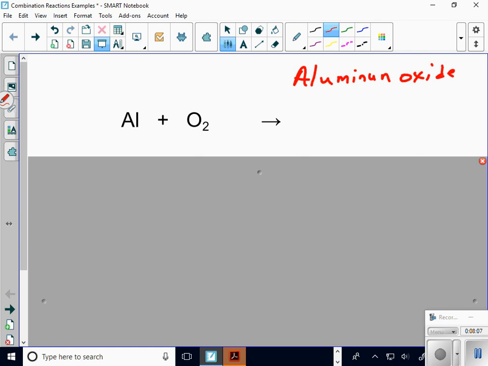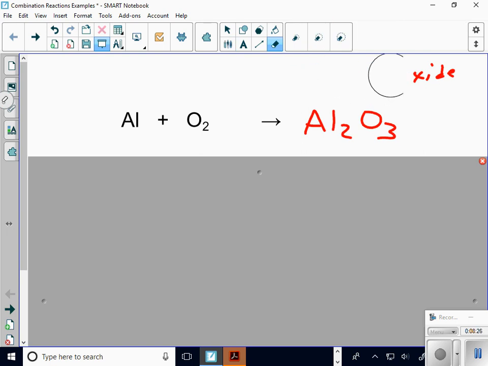You go back and you look at what? Charges. What's aluminum's charge? +3. What's oxygen's charge? -2. So what is my formula going to be? Al2O3. So now I've got my aluminum oxide up there.